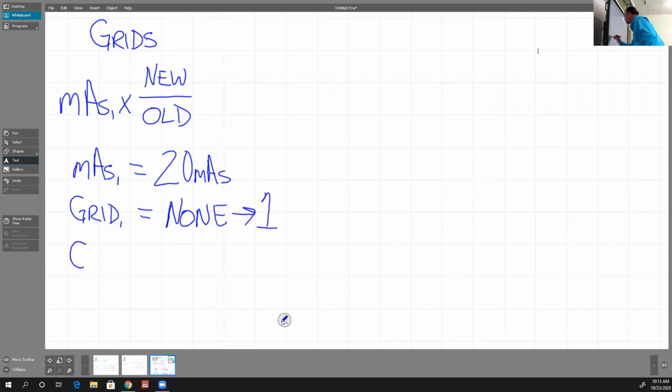And then grid 2 is an 8-to-1. Grid conversion factor for that is 4. Okay, so then I'm going to take 20 mass.